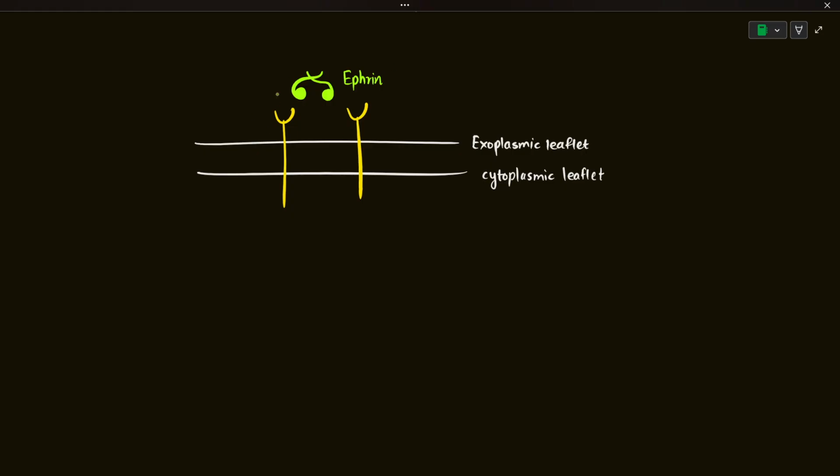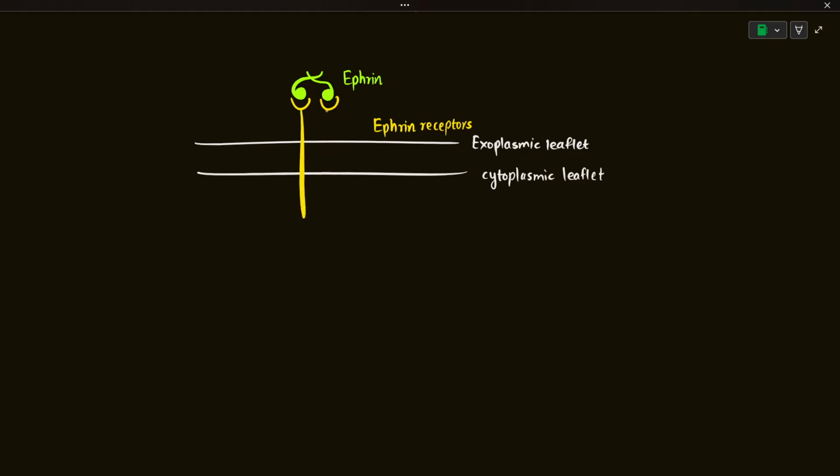This Ephrin molecule is received by the receptors, which is why those receptors are termed Ephrin receptors. When the Ephrin molecule binds to those receptors, it promotes dimerization, right? So let's draw a dimer here.